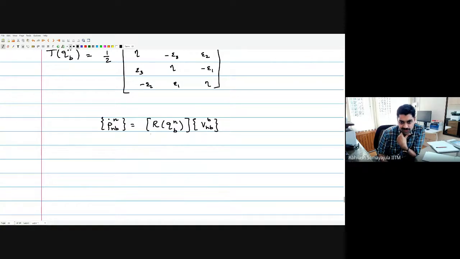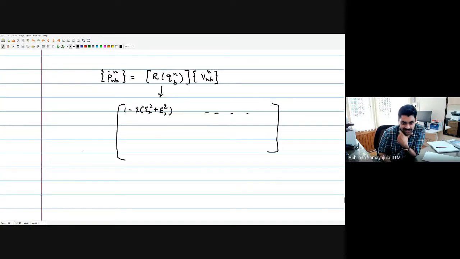And we saw what the expression for this looks like: 1 minus 2 times epsilon 2 square plus epsilon 3 square, and so on. You had all those terms. It's purely parameterized in terms of the quaternion.